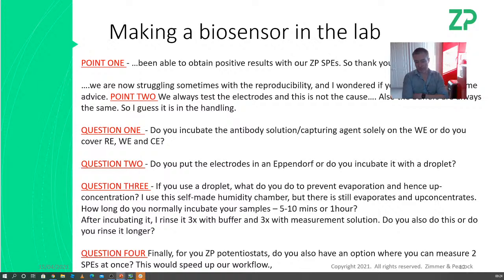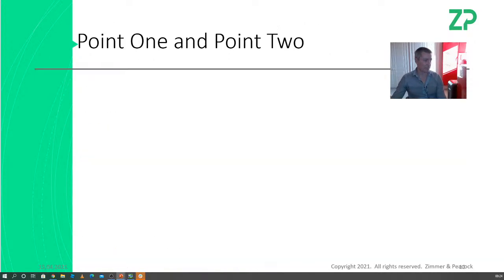At this point we have at least 5 12-channel instruments in the building, along with all the single channel instruments. We can't test one sensor at a time. It takes too long. We're testing 12 at a time. That's okay for a company like us. I get the point that it's an expensive investment, but that's essentially what we're having to do to do biosensor development.